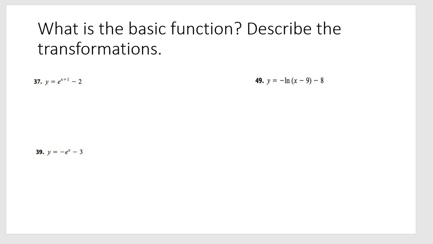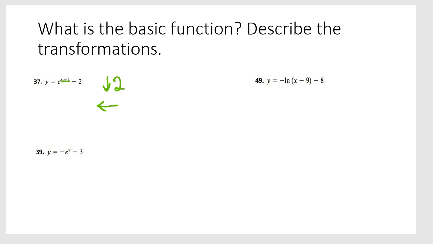Let's keep practicing these, and they're just exactly like basic quadratics, so that will help you see it. Let's try this one here. We see there's a -2. What does that tell you? Yep, down 2. And then the x plus 1 is in the x expression. That's the one you have to think about really hard.